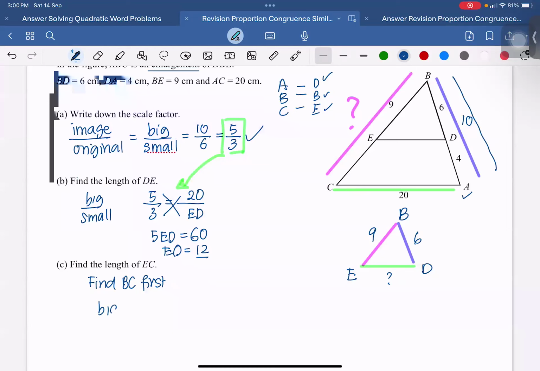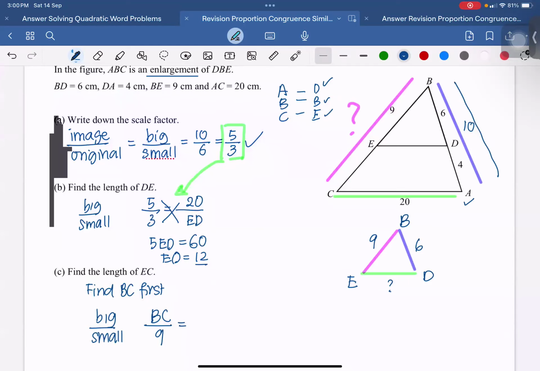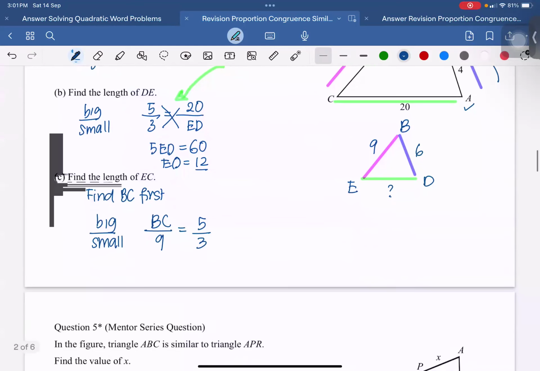Our scale factor is big over small, remember? So I'll take the whole of BC, the bigger one, over the smaller one, which is 9. Our scale factor was 5/3. So we cross multiply: 3BC equals 45, BC equals 15 cm.